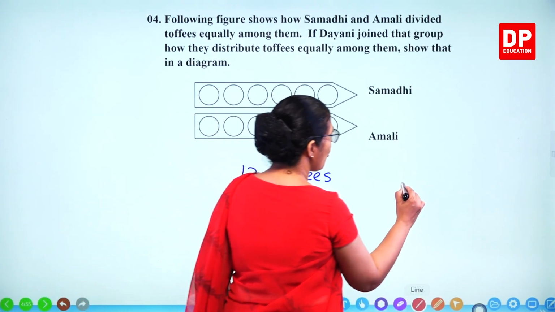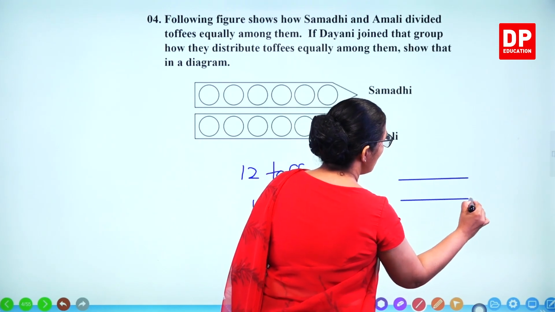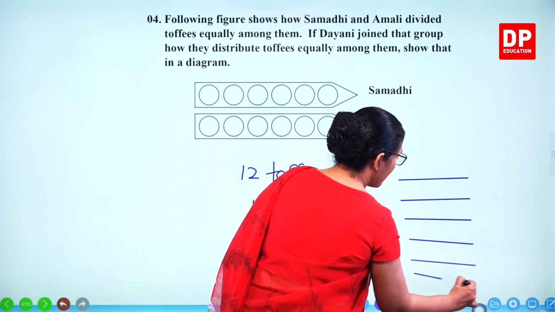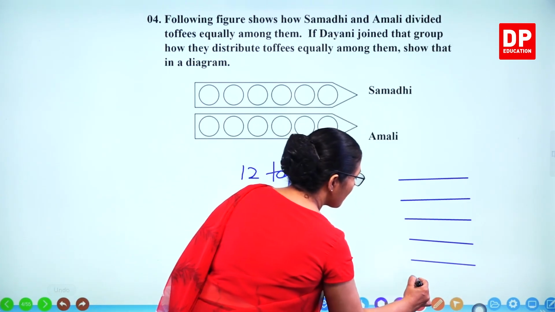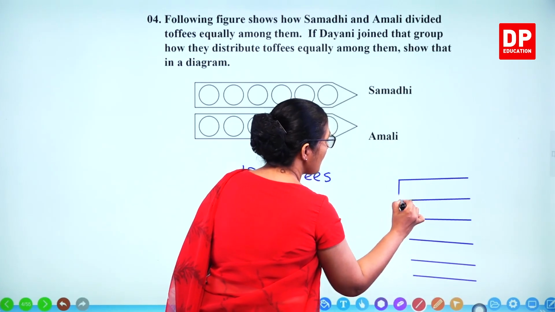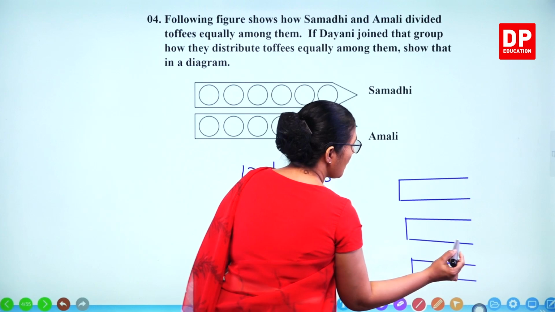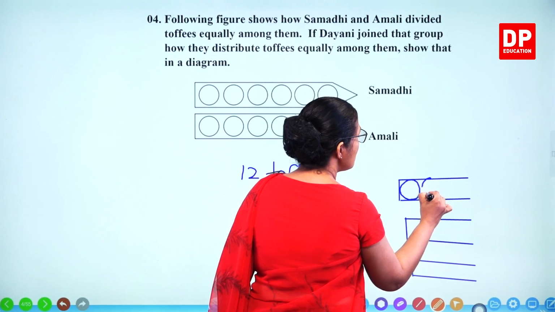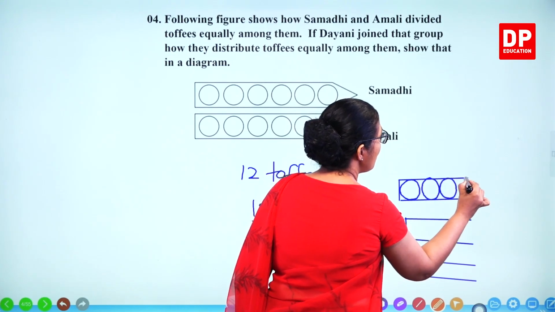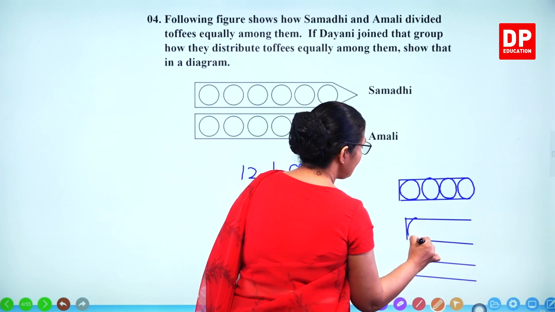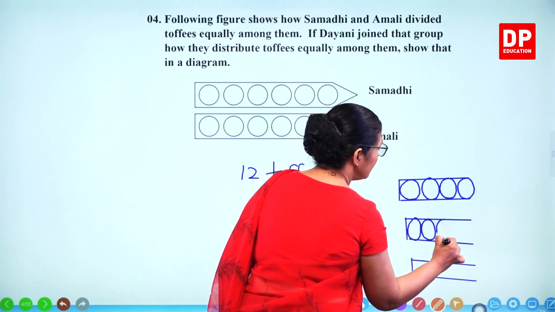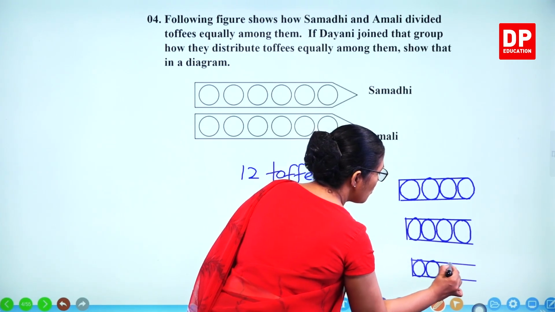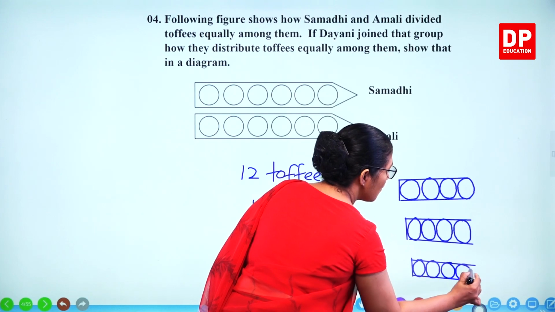So we can draw 1, 2, 3. So we can put 4. 1, 2, 3, 4. 4 each. 4 toffees in each one. 1, 2, 3, 4.